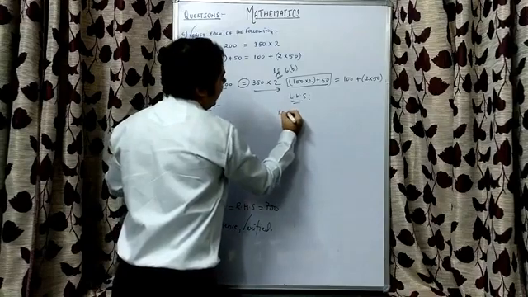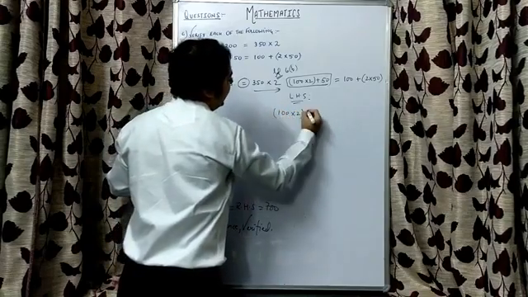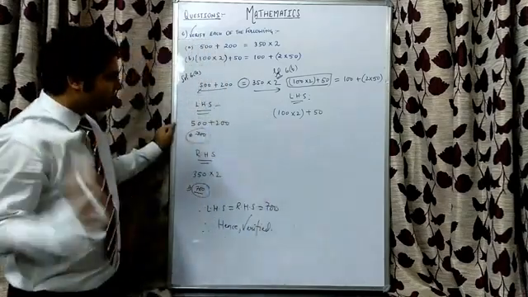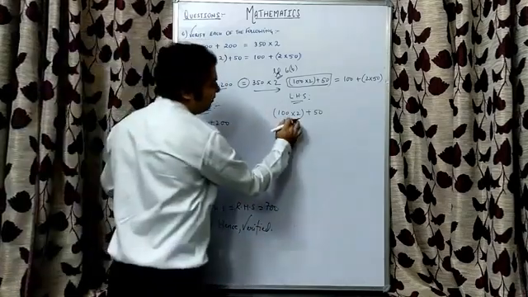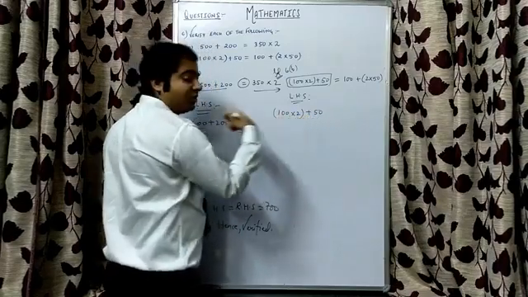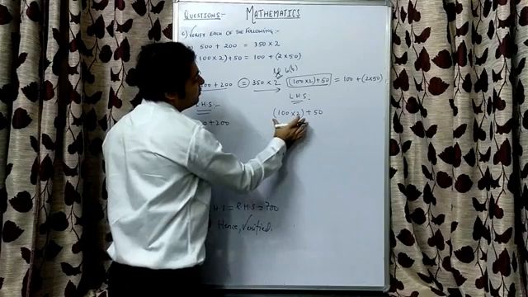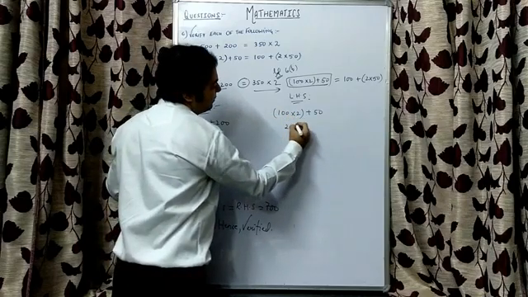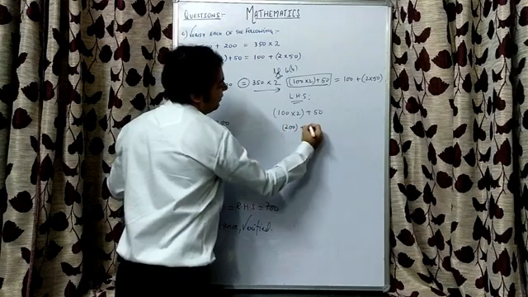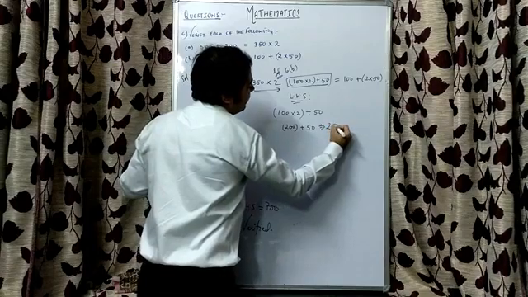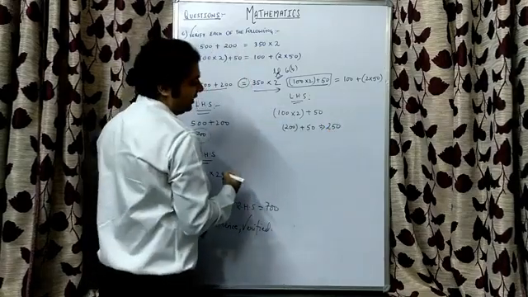That means 100 into 2 in bracket plus 50. I will write it as it is, right? Now we have got multiplication operation and we have got addition operation. So we will be using the concept of BODMAS and we will be solving bracket first. 100 into 2 is 200, right? Plus 50. Now 200 plus 50 will give me 250 as my answer of left hand side, right?